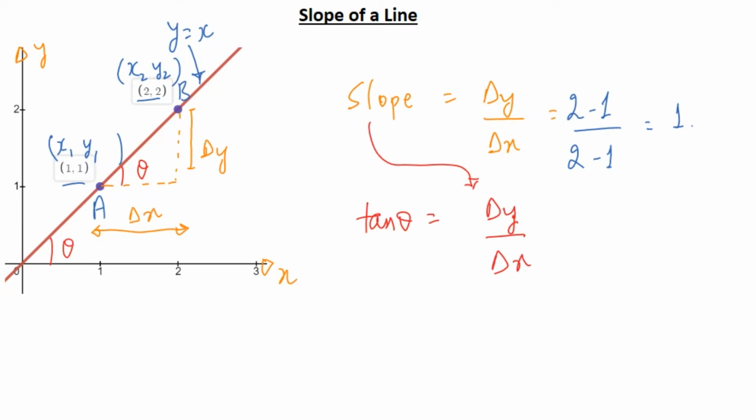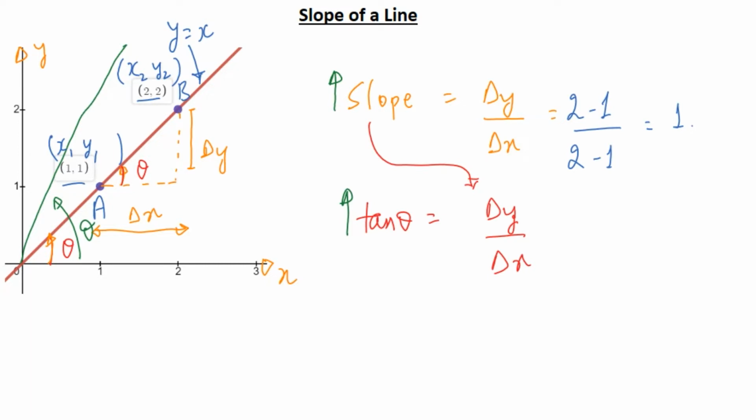Be careful that this angle theta is measured in the anti-clockwise direction from the x-axis. Now if this angle theta increases, suppose the line is something like that, then tan theta would increase, and if tan theta increases, that means the slope will increase.